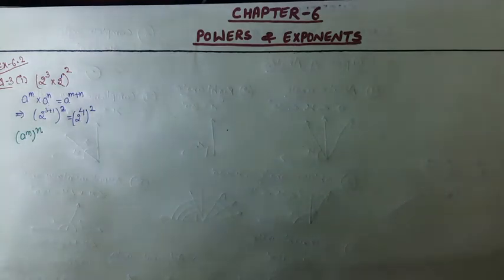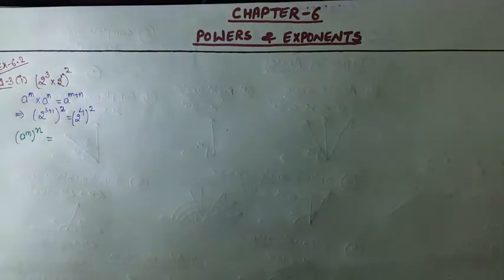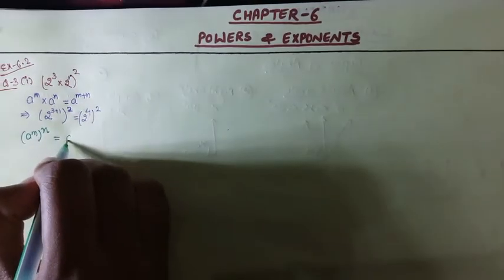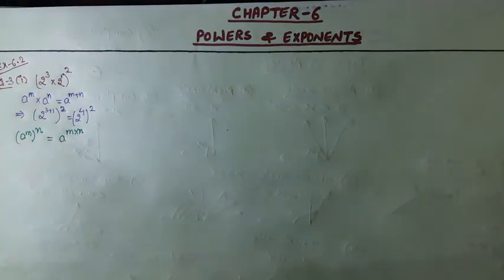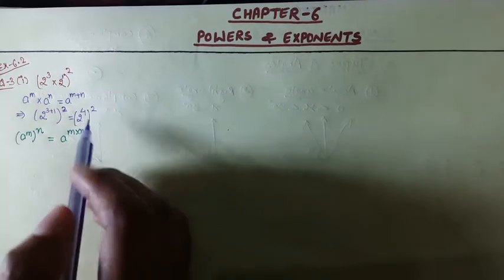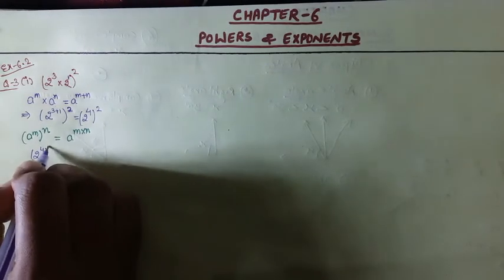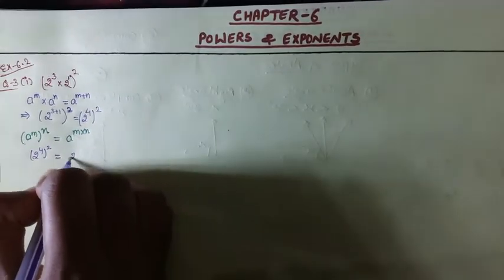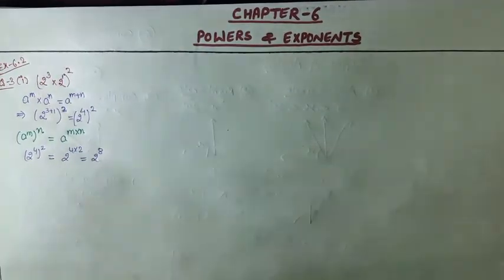If something like this is given, what do we do with the powers? Yes, we multiply the powers. So this is a to the power m into n. Here this is our a, 4 is our m and 2 is our n. So this is 2 to the power 8, as we are going to multiply the powers: 2 to the power 4 into 2 is equal to 2 to the power 8.